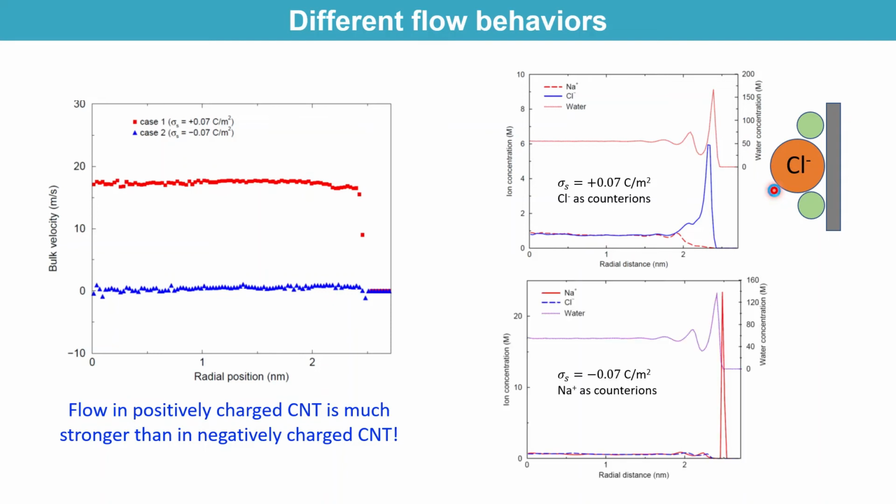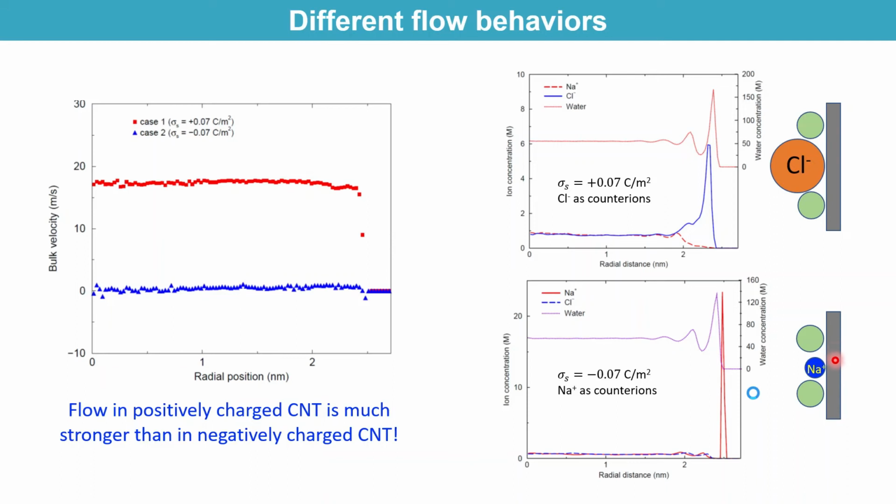So now the situation is different if we change to the negative surface charge density. Here, sodium ions are the counter ions. So the water density profile is similar to what we've seen before, but the sodium ion distribution is very different. What we see is that they form a very sharp peak here. And if you look at it, this sodium ion actually became contact adsorbed on the carbon nanotube wall.